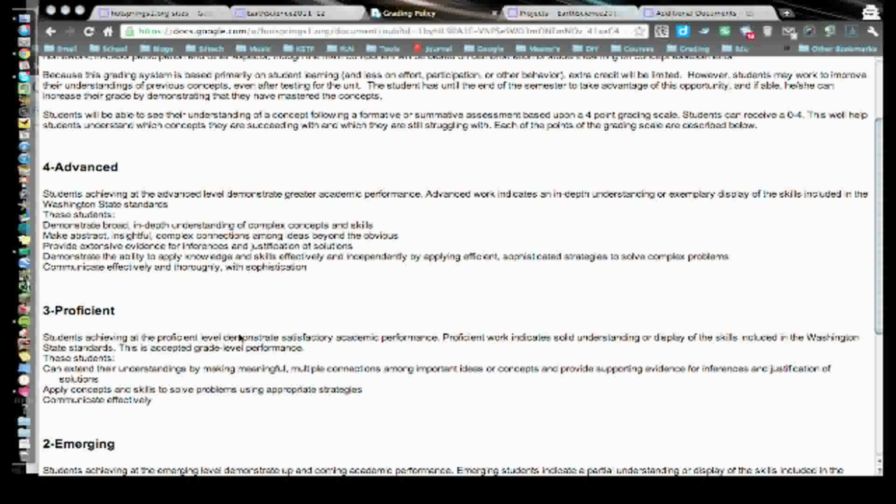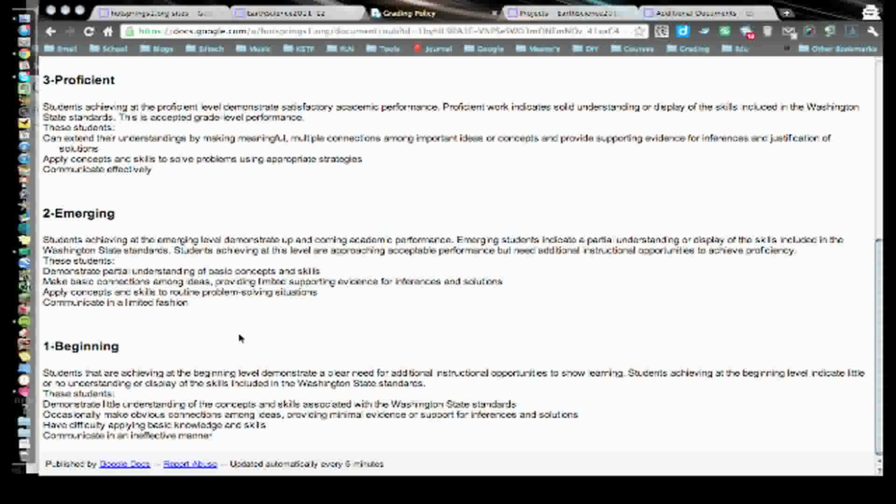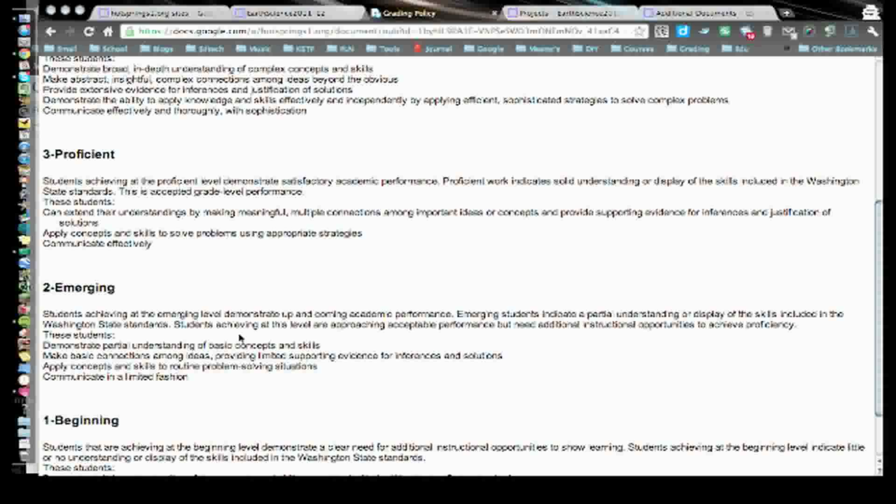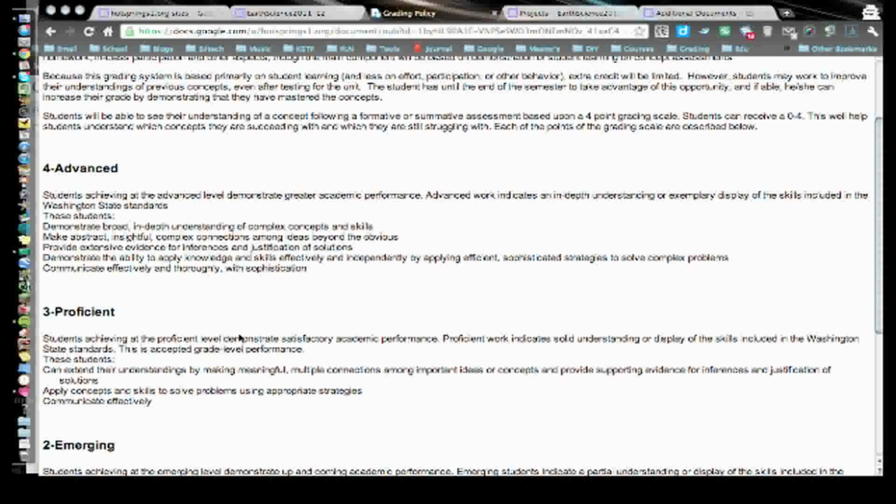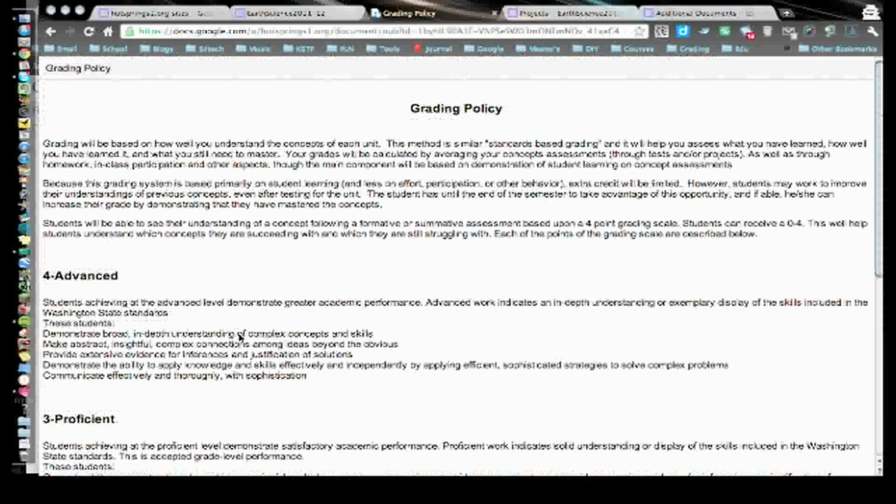I'll have level 1 questions, level 2, level 3, and so on. So students will know how they're doing based upon how well they're scoring on those questions. If they're getting all of the questions, including the level 4 questions, they know that they're going beyond what's expected for the classroom. If they're getting level 1, level 2, and level 3, then they'll know that they're proficient and meeting the standards that they need to.